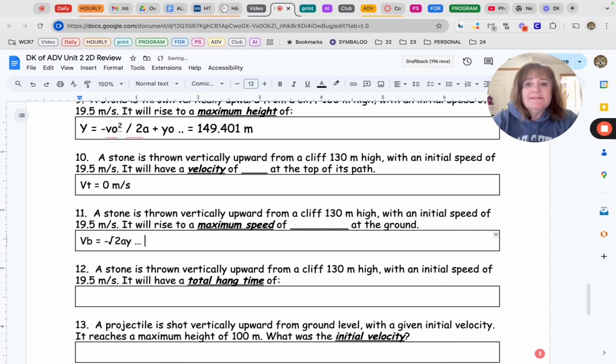But remember, this is linked. So now I need that negative square root in my calculator of 2 times 9.8 times my height, but it's not the initial height. It's the height I found way up here in number 9, so it's 149.401.